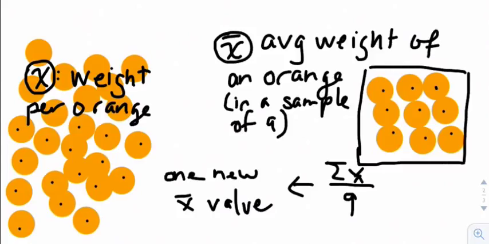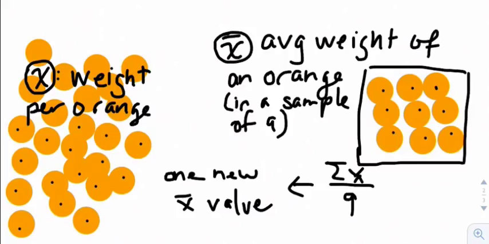Okay, so the reason we do this, a couple reasons. Sometimes this is easier than weighing each item, or finding the value for each item. It's sometimes easier to group them, and sometimes you actually care about the grouped value. You might actually care about x bar.